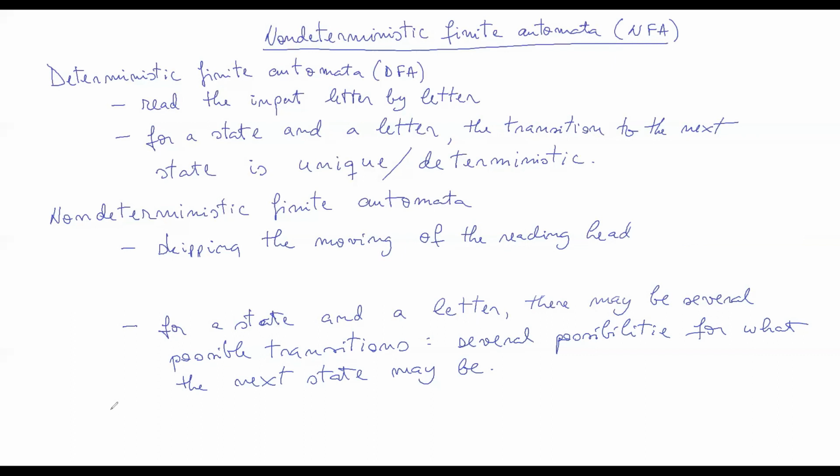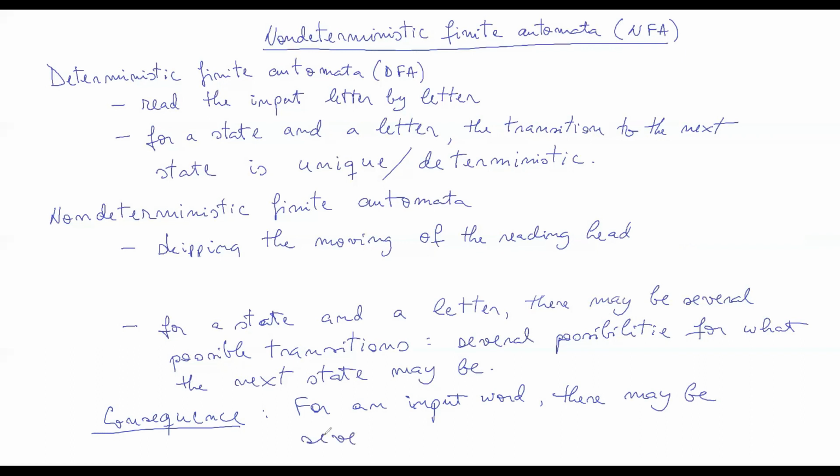So right away, as a consequence, for an input word, there may be several computations. And this is really a direct consequence of this second freedom that non-deterministic finite automata are taking.